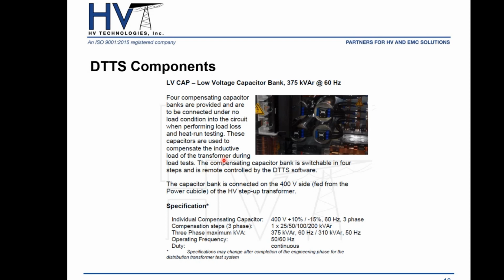The compensating capacitor is switchable in 4 steps and is remote controlled by the DTTS software. Like I said, this is fed from the 400 volt side of the transformer, of the power cubicle of the high voltage step up transformers.